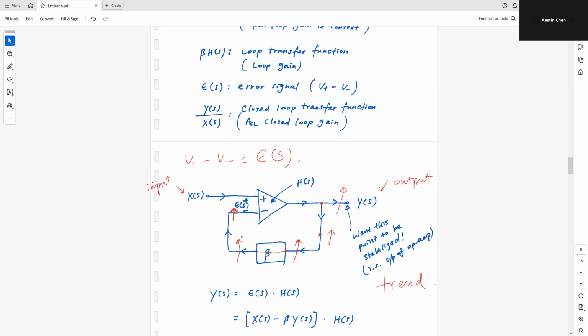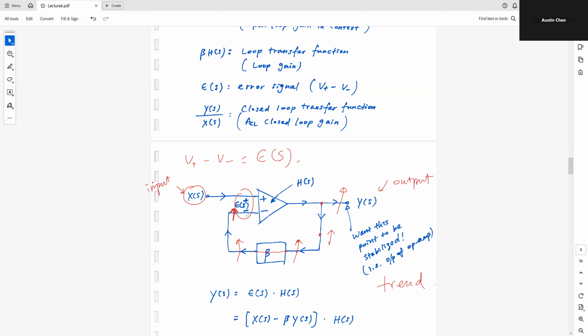So if this point is going up, for a given input voltage, which means it's fixed and not changing, let's look at what happens to my error signal. The input voltage, this X of S, is fixed, and the voltage at the negative terminal is going up.